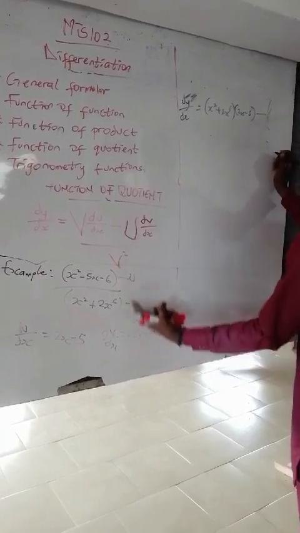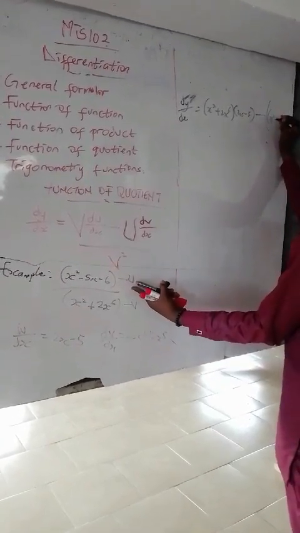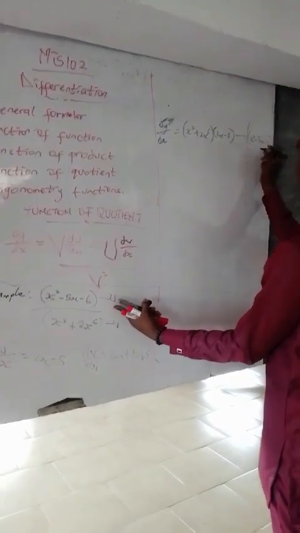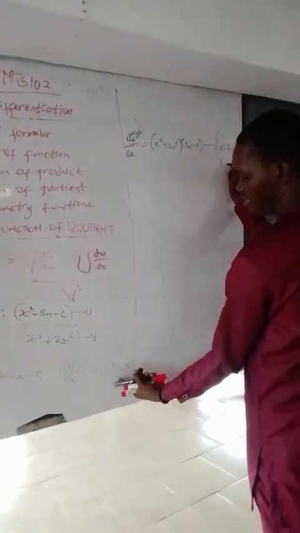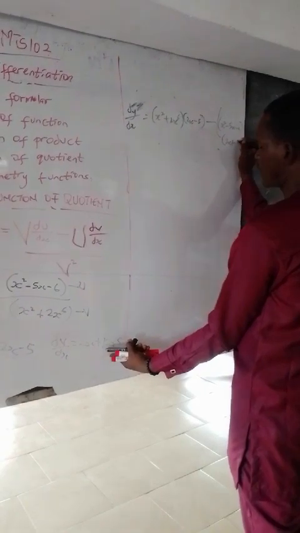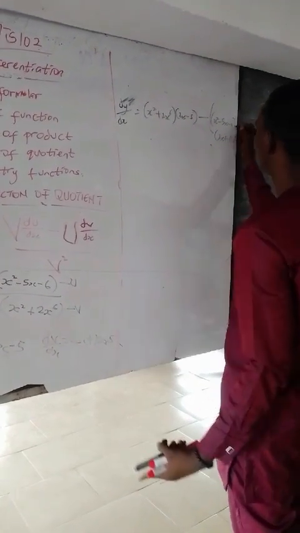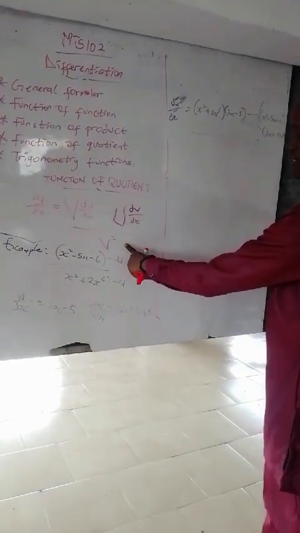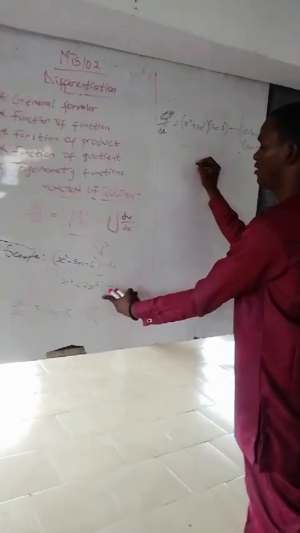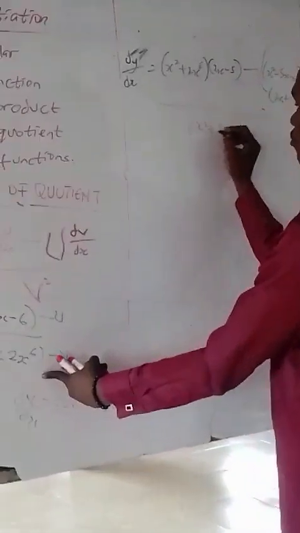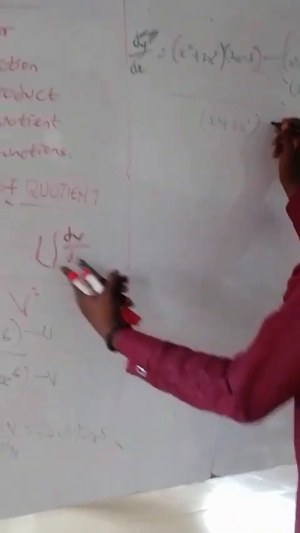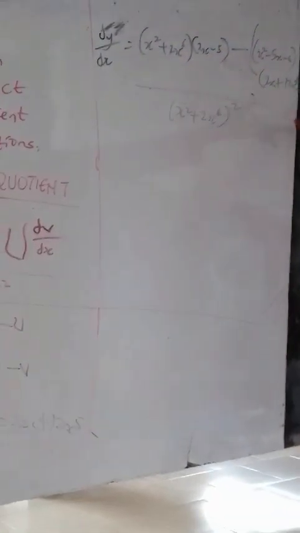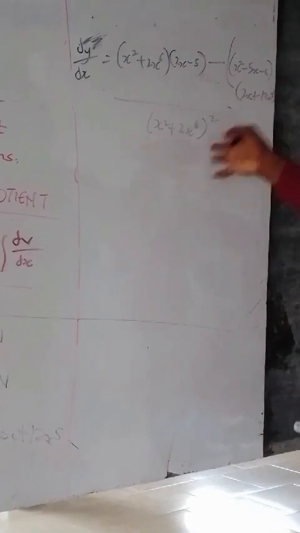Our u is x squared minus 5x minus 6. And what is our dv over dx? 2x plus 12x raised to power 5. Close the big bracket, all over v squared. It is long, right? Yes, it will always be long. All over v squared, that is x squared plus 2x to the power 6, squared. So if you have time, you can expand, because in most cases you cannot always see the answer.